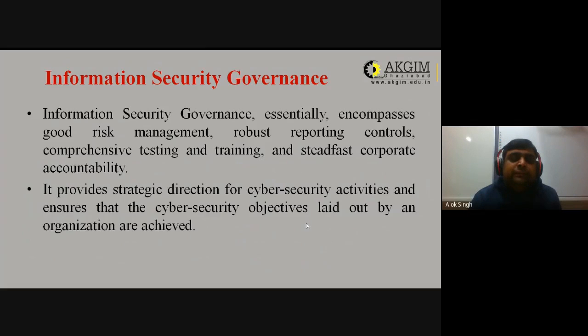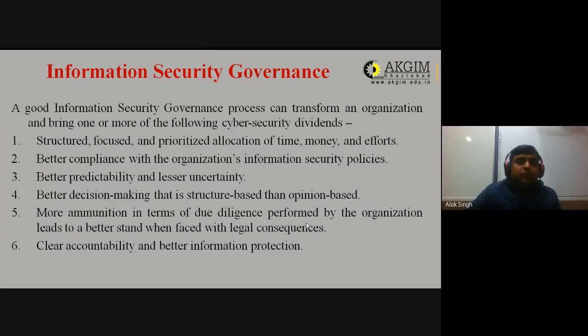Comprehensive testing should be there for all the loopholes available in your cloud-enabled system, proper training of staff, employees and all the stakeholders, and steadfast corporate accountability, meaning who will be responsible or accountable in different scenarios. It provides strategic direction for cyber security activities and ensures that the cyber security objectives laid out by an organization are achieved. So this is about security governance.